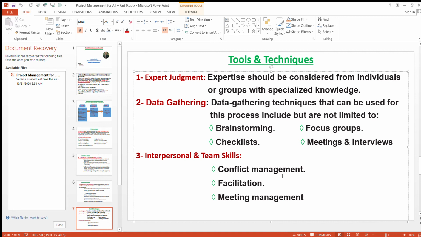Meeting management. Meeting management is necessary to ensure that the numerous meetings that are necessary to develop, unify, and agree on the project management plan are well run.